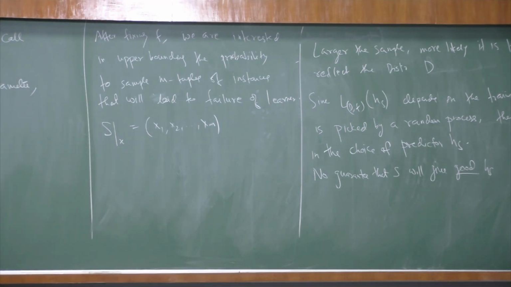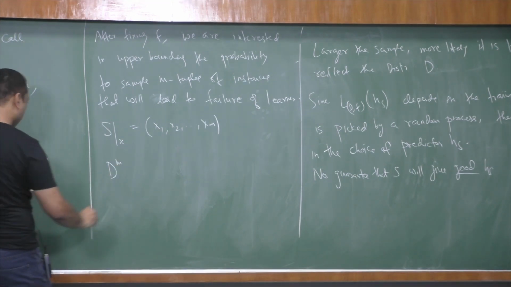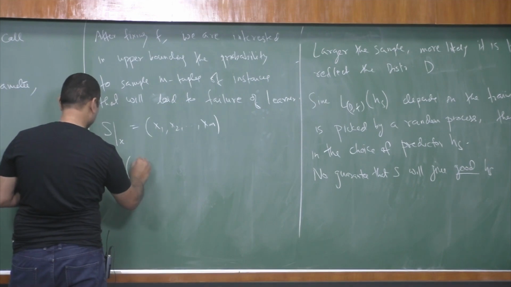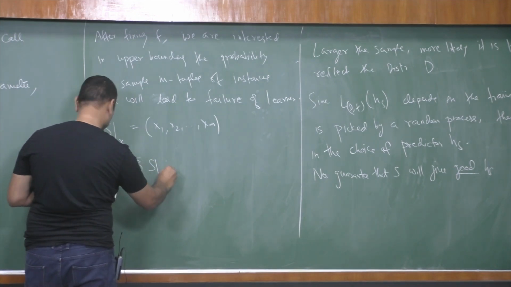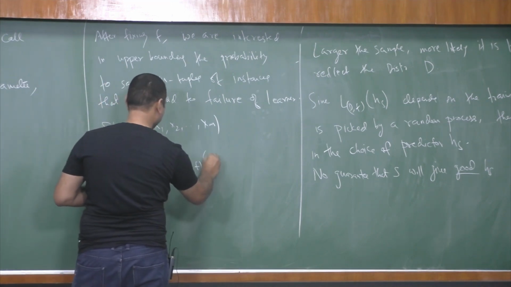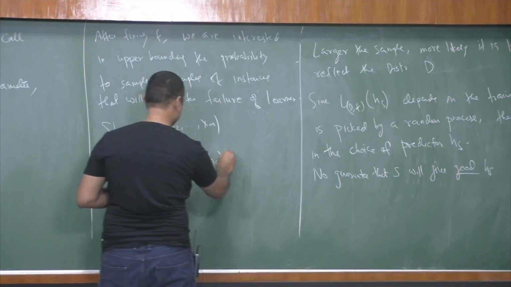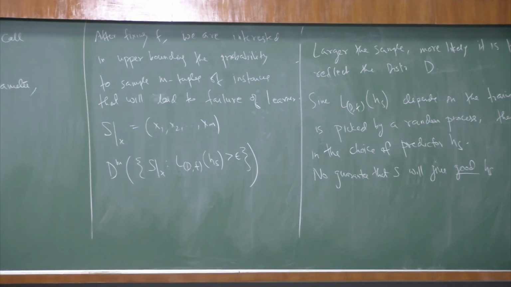What we want to upper bound is the probability of these samples restricted to x on which the true error L_D,f(h_S) is greater than epsilon.